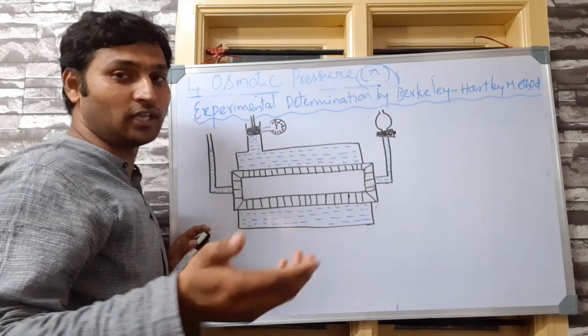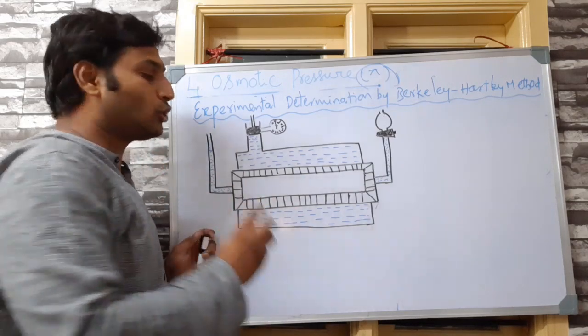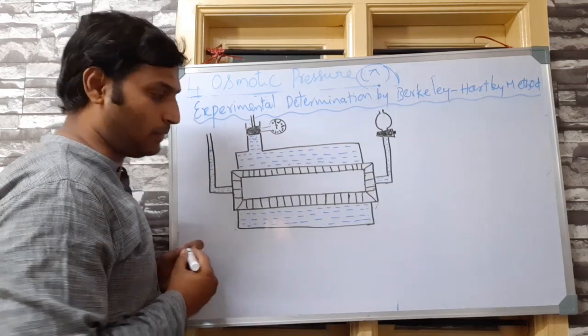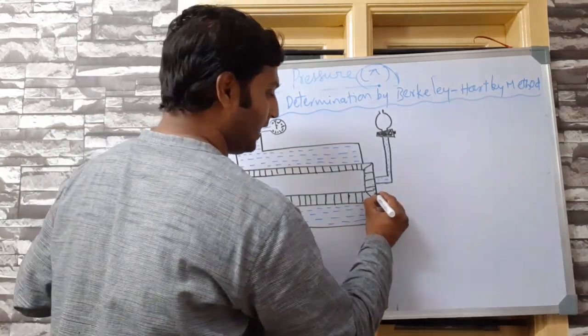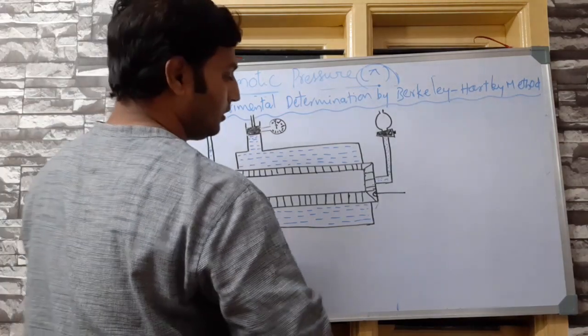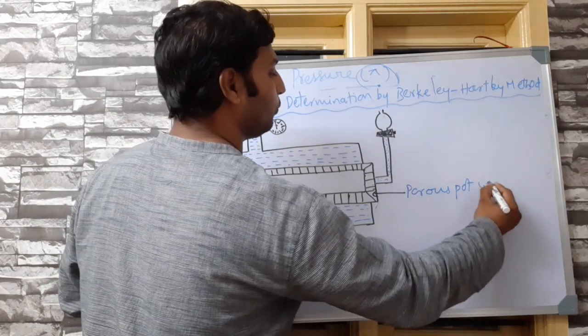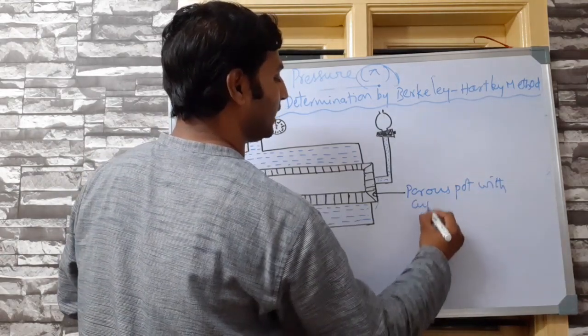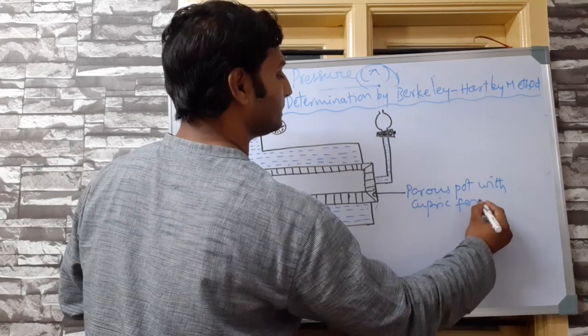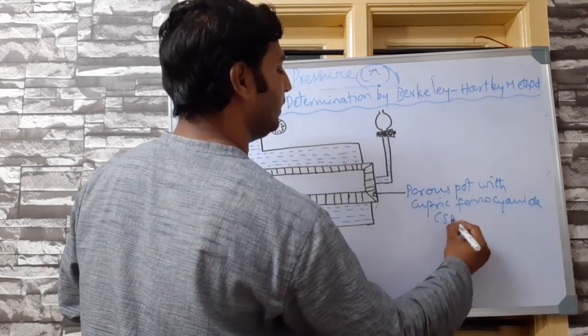Now that cupric ferrocyanide I have just told you about is an artificial semi-permeable membrane. So cupric ferrocyanide acts as a semi-permeable membrane. So I can label this as the porous part with cupric ferrocyanide on its walls, which acts as a semi-permeable membrane.